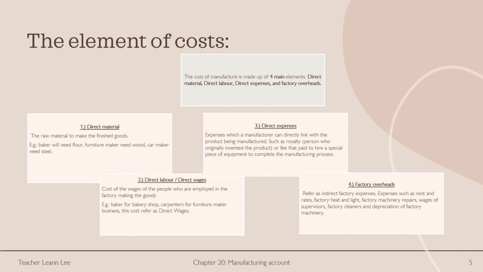Now we go to the details of direct material. Direct material is the raw material that you need in order to make up the products. For example, if you are a bread manufacturer, the baker will need flour.